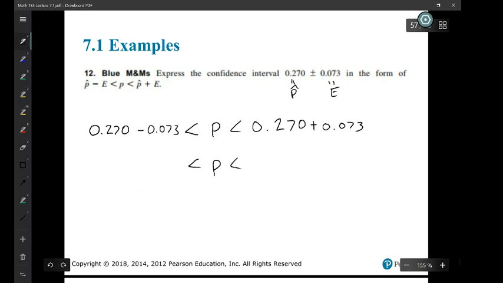So if we do that arithmetic, then we get the sample proportion is between 0.197 on the left and 0.343 on the right.